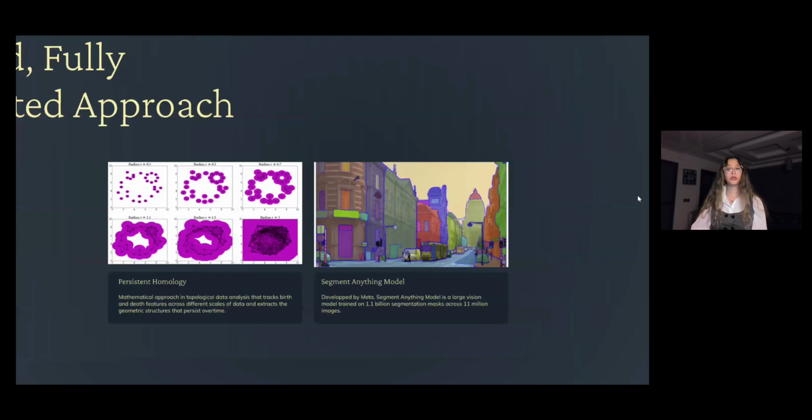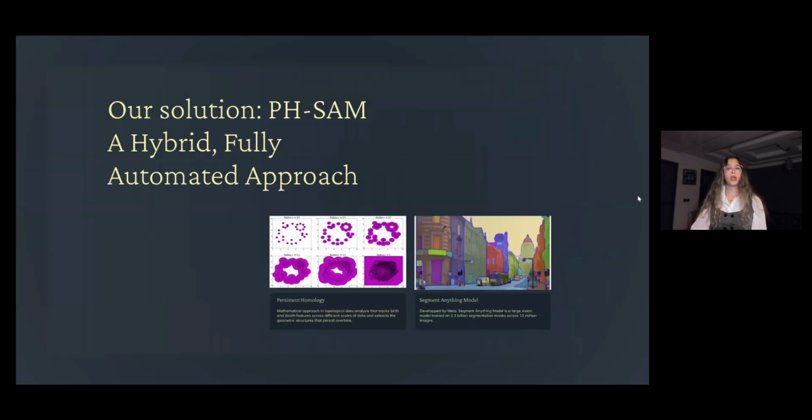By fusing these two, PHSAM automatically segments implants even in previously unseen X-rays without requiring any user prompts or retraining.